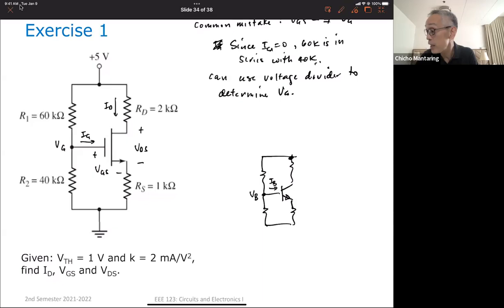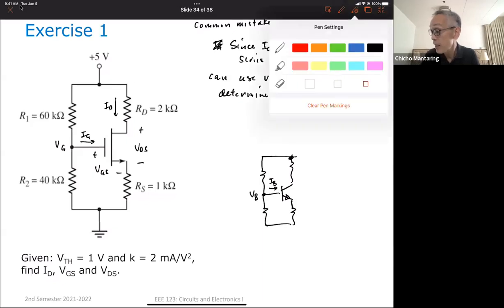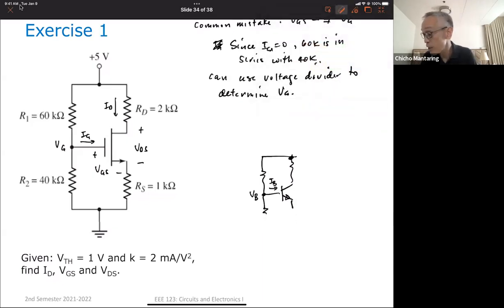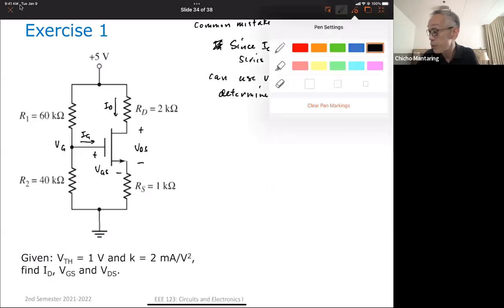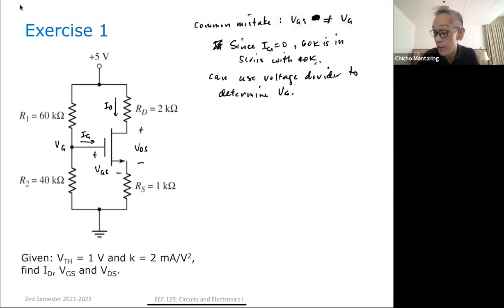Fortunately, sa MOS, because I sub G is equal to 0, because this is equal to 0, you can use voltage divider to determine V sub G. So V sub G is just equal to 5 multiplied by 40 over 40 plus 60.